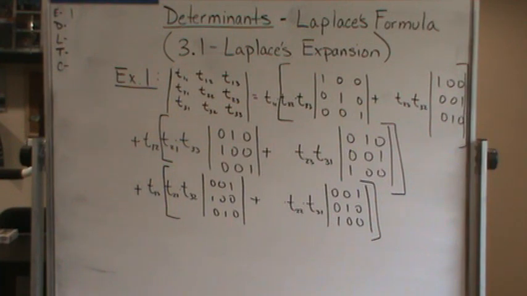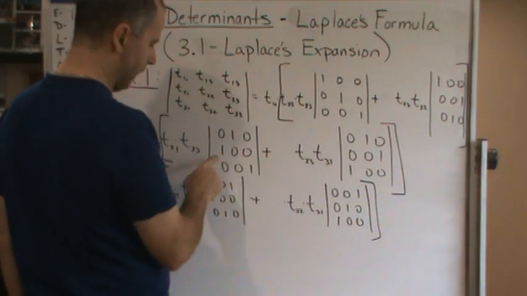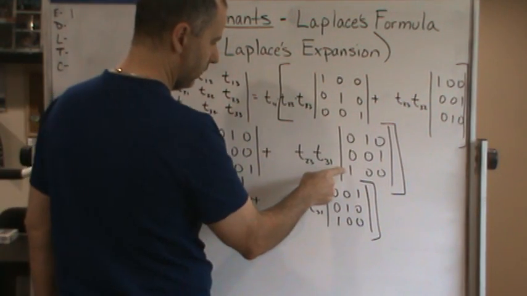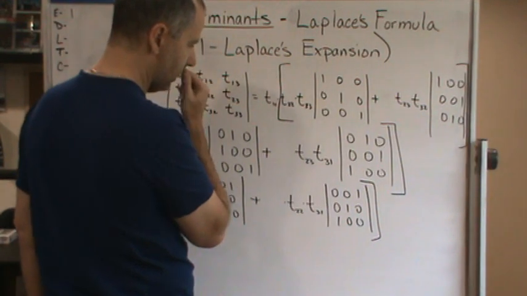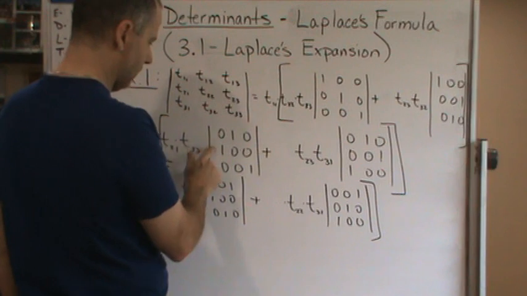Now, with the first grouping, we don't have to do anything. It's already in the first position. But we're going to have to swap rows here. So in the second grouping here, we'll have to do 1 swap. So we'll have to swap these two.